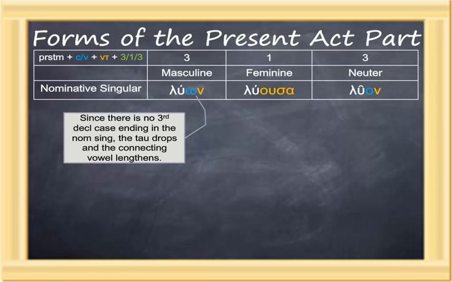So the nominative singular of leo would use the present stem, a connecting vowel, nu tau, and a 3-1-3 ending. Now, in the nominative masculine singular, there is no third declension ending, and a tau can't stand at the end of a word, so it drops off, the remaining form being leon, with the omicron lengthening to compensate for the loss.